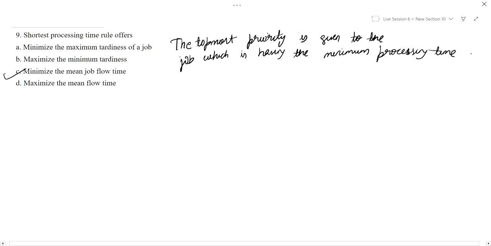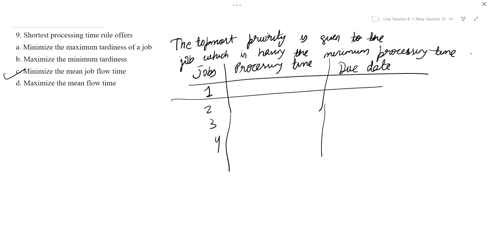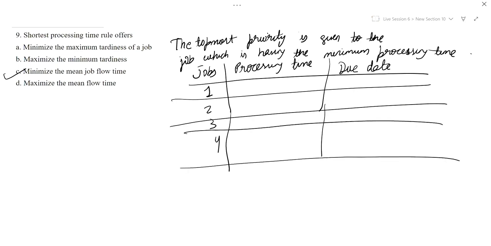Now the question is same as the previous one, jobs, processing time and due date. Now jobs are 1, 2, 3, 4. The processing time is 6, 10, 9, 7, and due dates 10, 16, 20, 30.